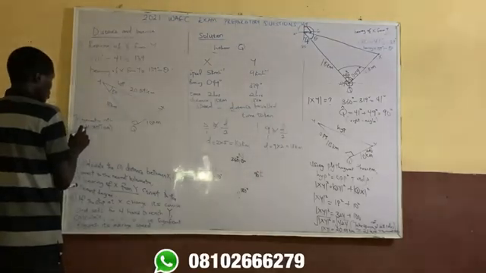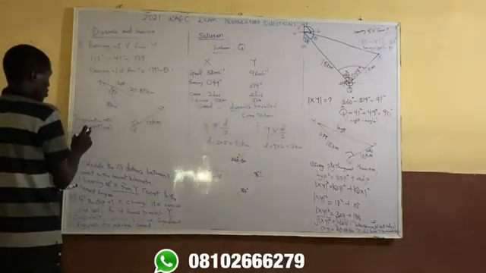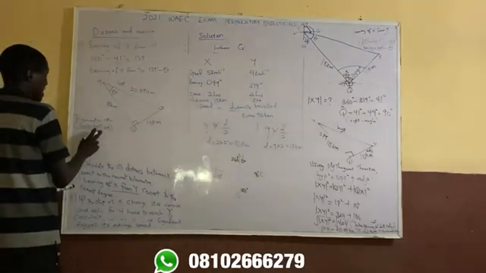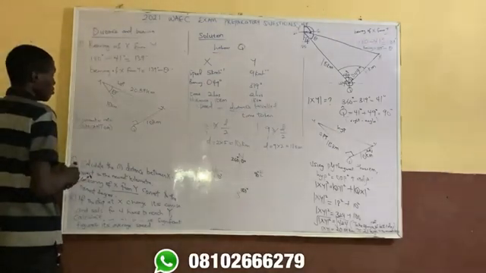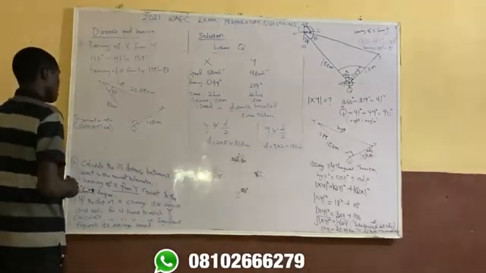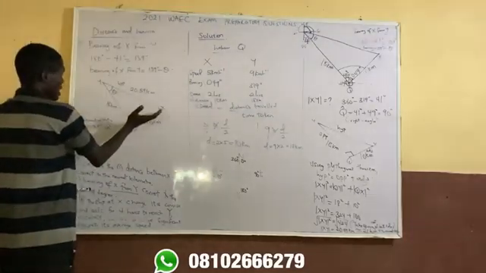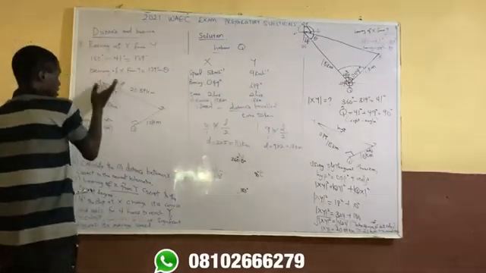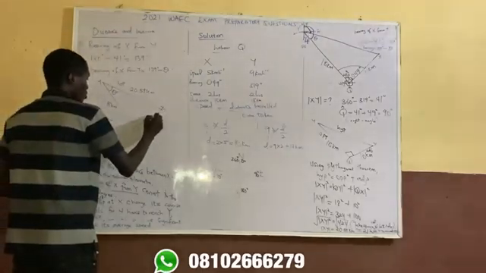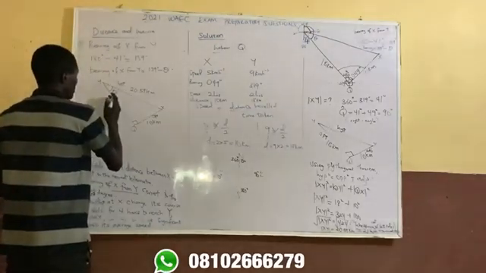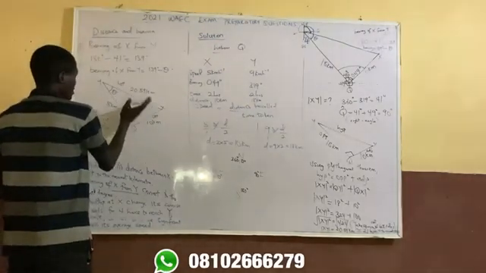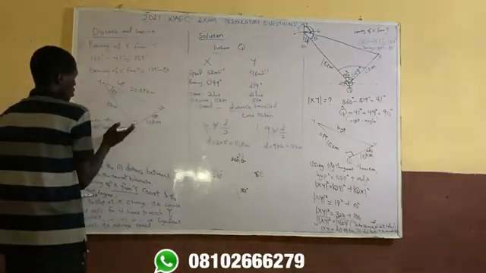This is sine: opposite over hypotenuse, cos: adjacent over hypotenuse, tan: opposite over adjacent. Which of these are we going to use? Is it sine, cos, or tan? This one you are going to know. For angle theta, the side facing theta, we call it opposite.